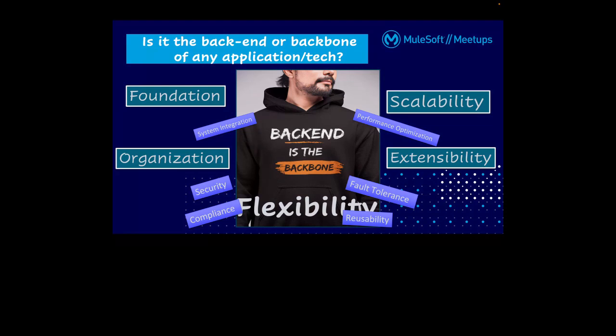For example, this is what API-led architecture is: it ensures that we have three different APIs and three different calls in such a way that the experience API is completely isolated and connects with the requesting system. The process API works only on the process, and the system API is the most secure one, connected to the real systems.